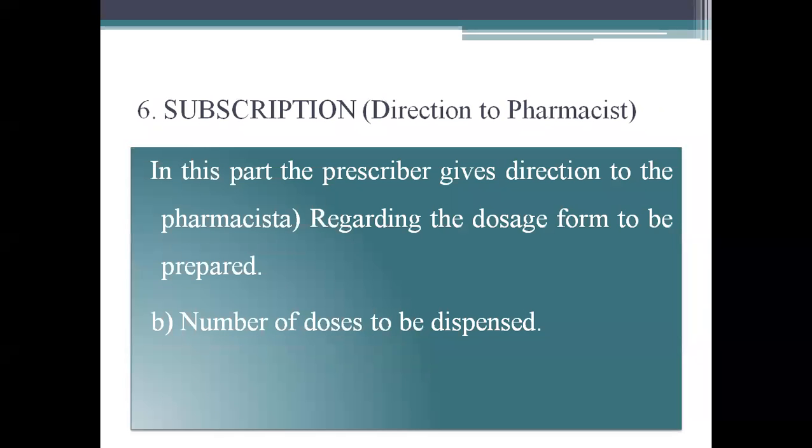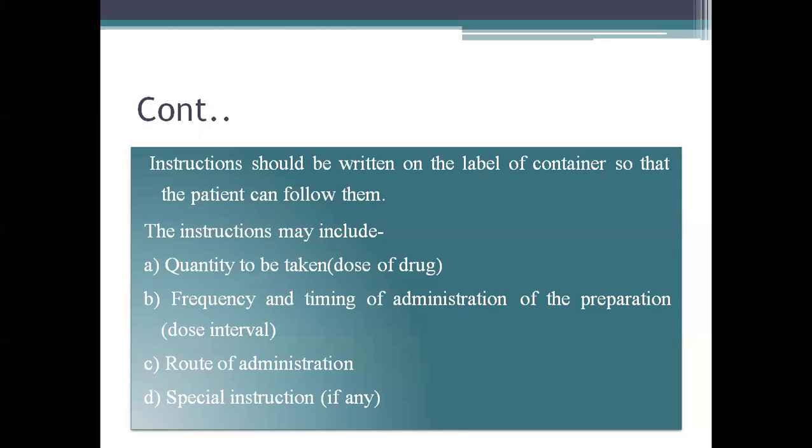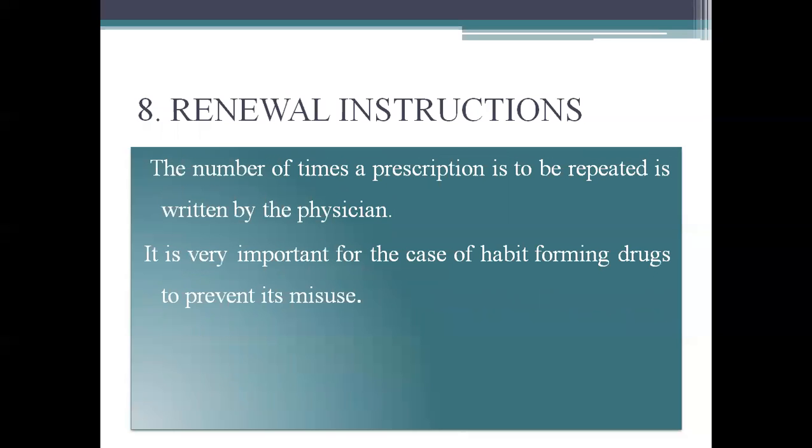Then we have subscription part, number of doses, and whatever the direction to the pharmacist is mentioned in the subscription. Then signatura, direction to the patients, by which route, dosage form have to be taken, how many times, that should be directed to the patients. Okay, and renewal instruction is also there.